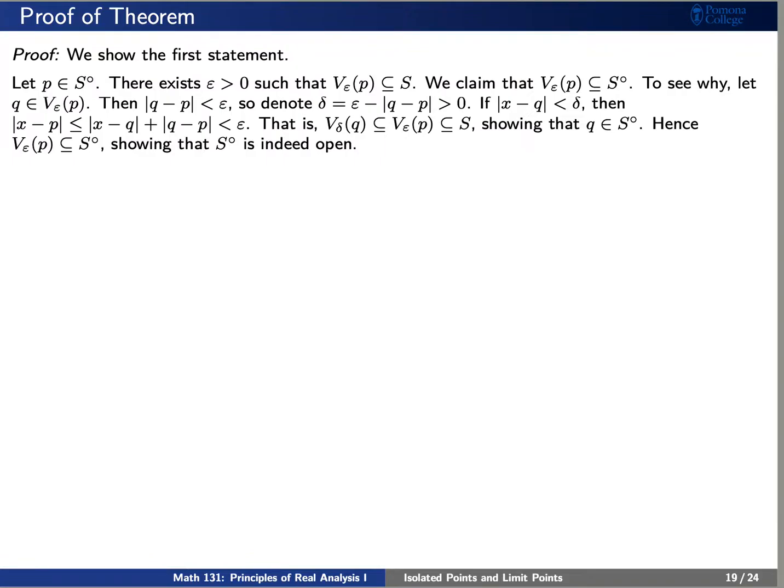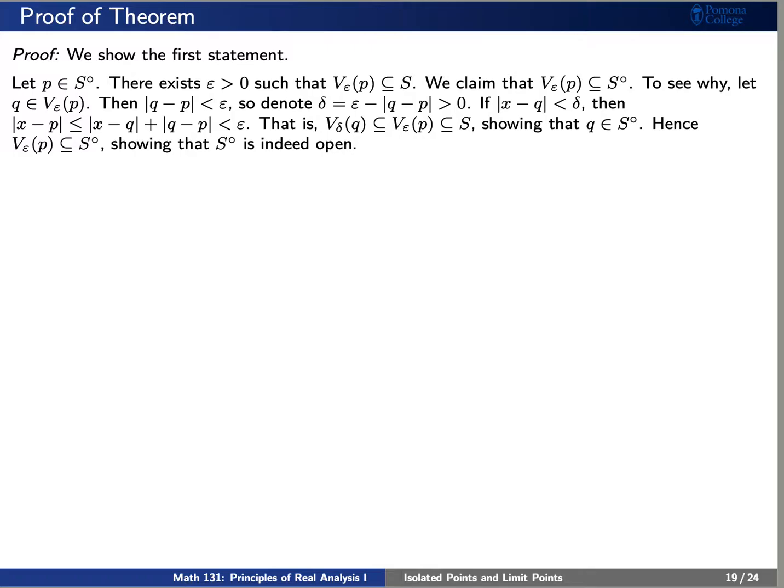Let's pick a point P inside of the interior S circle. This means that there exists an epsilon such that V sub epsilon of P is contained in S. We actually claim that V sub epsilon of P is contained in S circle. To see why, let's pick a point Q inside of V sub epsilon of P. We actually need to show that we can find an open set containing Q that is completely inside of S. This is what it means to say that Q will now be in S circle.